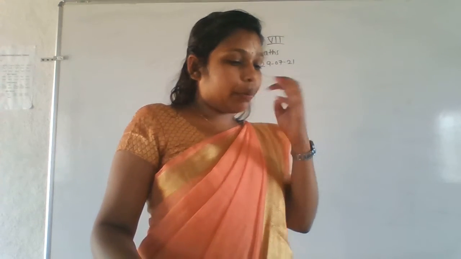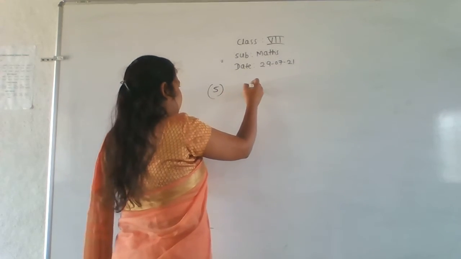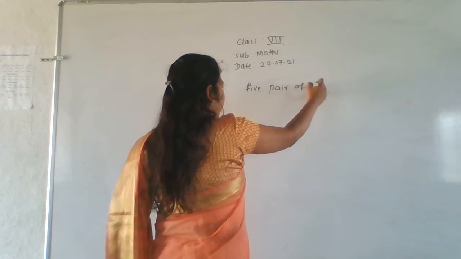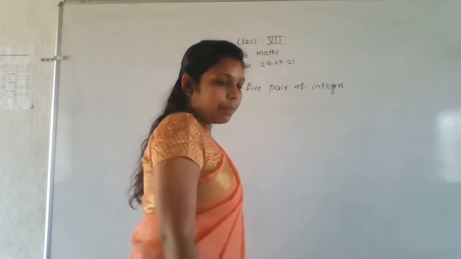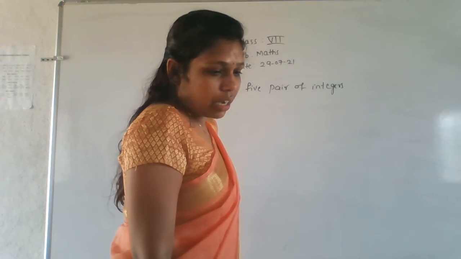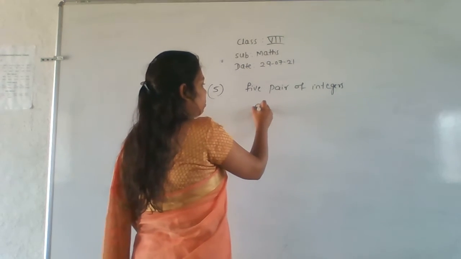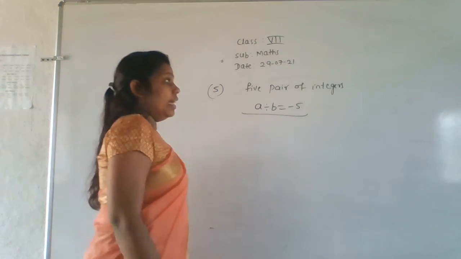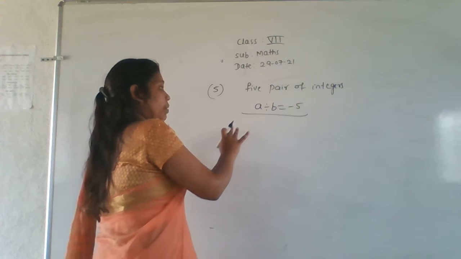So we have to write 5 pairs of integers, and how it must be: a divided by b is equal to minus 5.